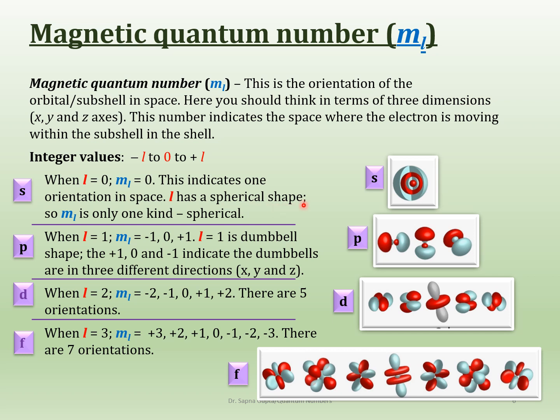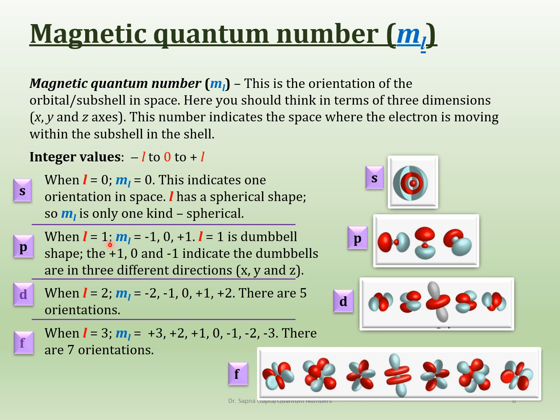The orientation is spherical. And there's only one orientation possible because there is only one number for ML. This is what it looks like. This is a cut kind of a thing just to show you what is inside. But otherwise, the S orbital will look like this.